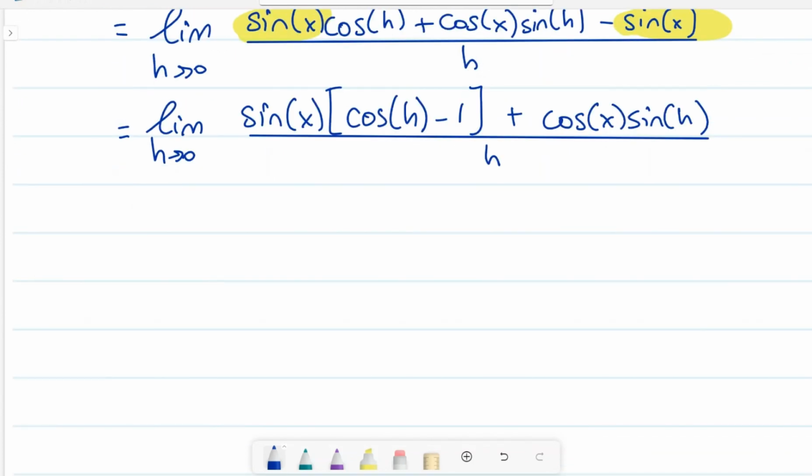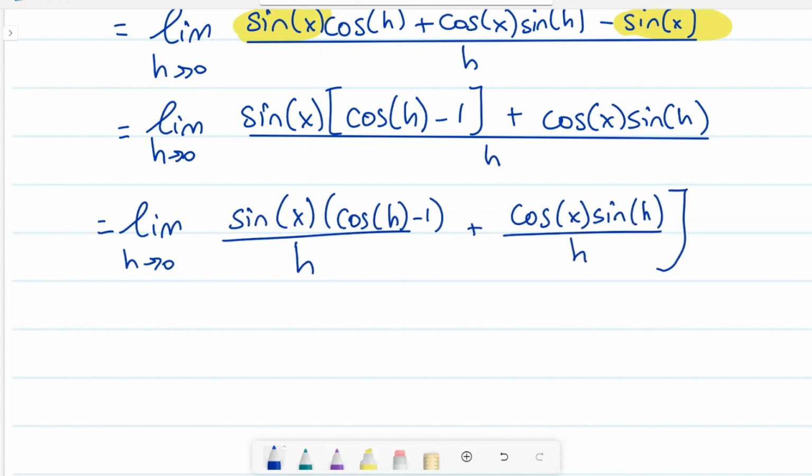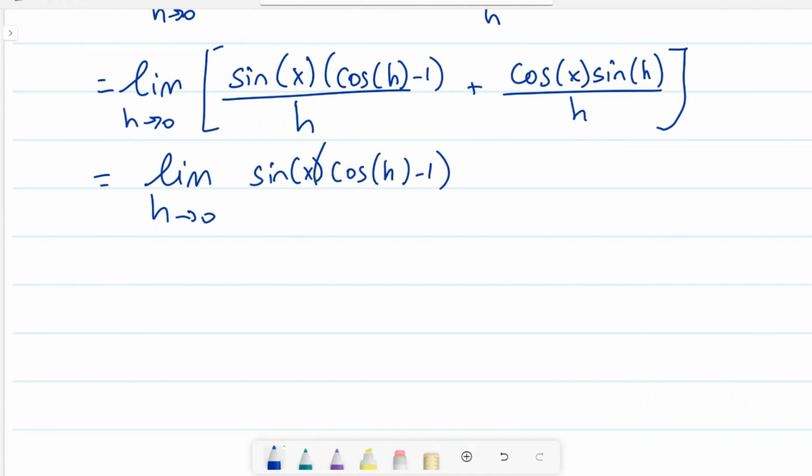Moving on, I can split this into two fractions. This is my first fraction, and this is my second fraction. And now that I have an addition between them and I have two fractions, using limit laws, I can split the limit. So now I have two limits.